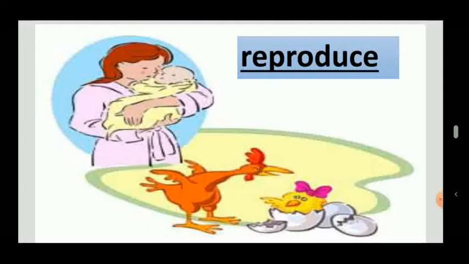Like we see a plant. Beside the plant there is one small plant. After some time, another plant. So it is a reproduction. So the things which can reproduce are living things.